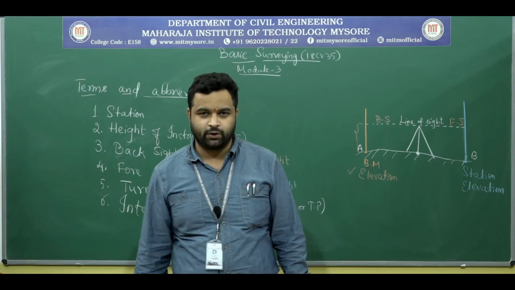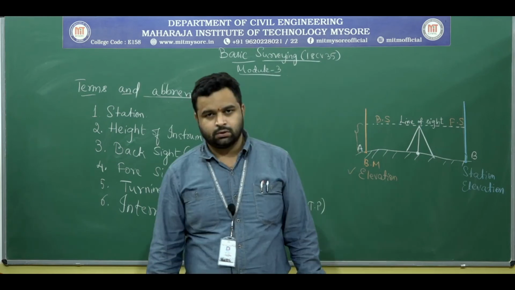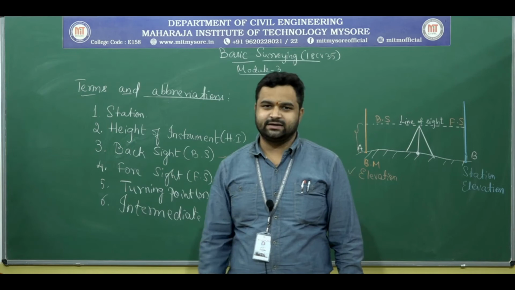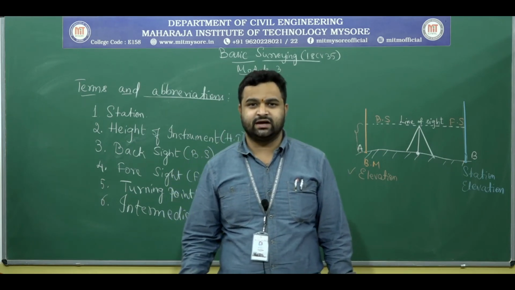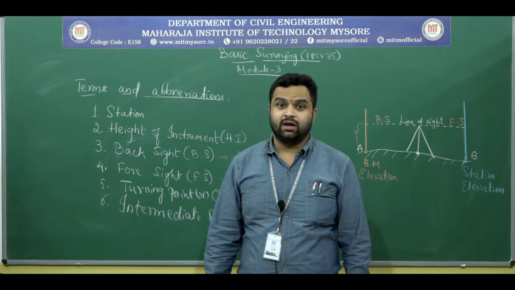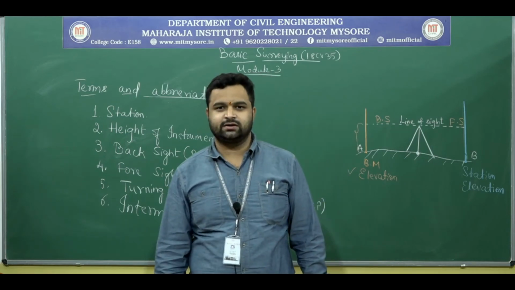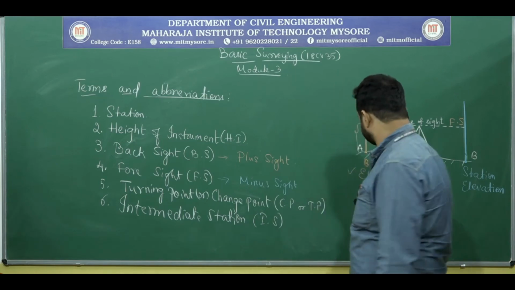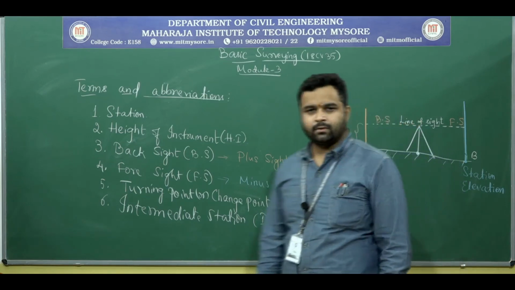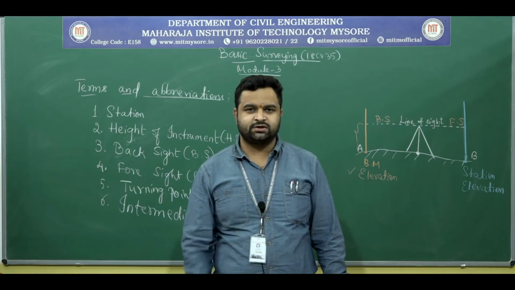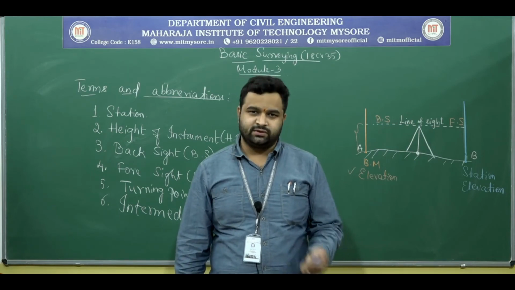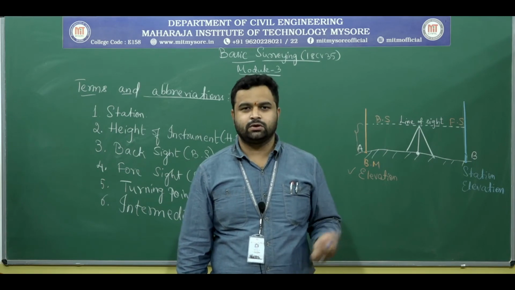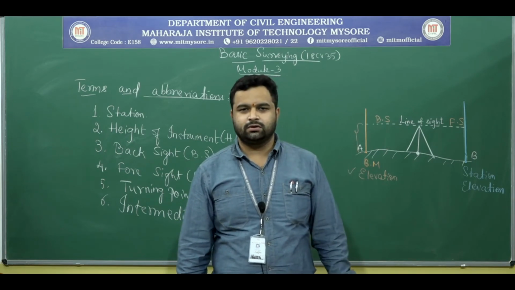Intermediate station is a point intermediate between two turning points on which only one sight, that is minus sight, is taken to determine the elevation of the station. Okay, so this is intermediate station. Now if you know the terms which you are going to use, then it will be easier for you when you are going to solve numericals on it.